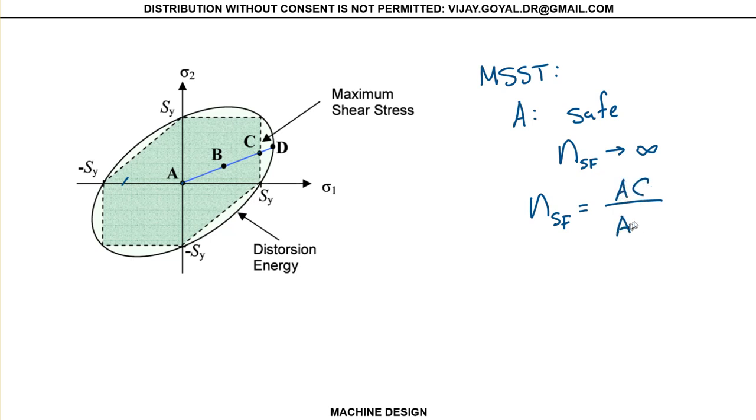And A to 0, A is actually at the origin, so I don't have any distance, so that is 0. So the total strength divided by 0 gives you infinity. So let's say your factor of safety is infinite. Anything bigger than 1, you are safe. Okay. And then if I go to point B, it is also safe. I can see that it's safe immediately by the figure, it's inside this region. Anything inside the region is safe.